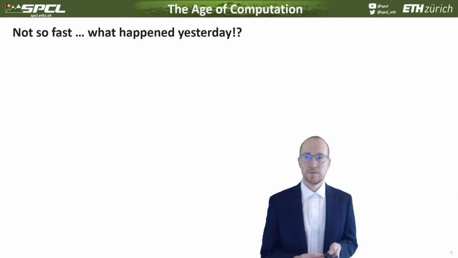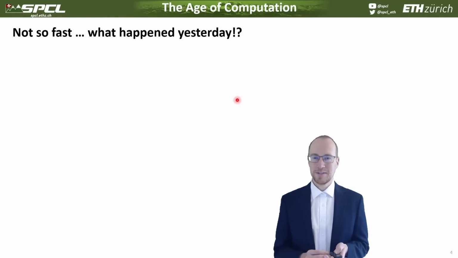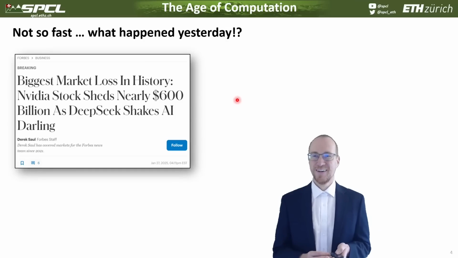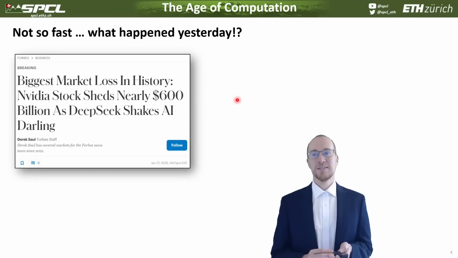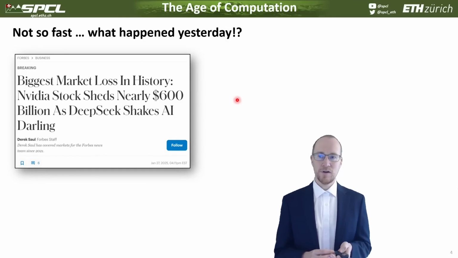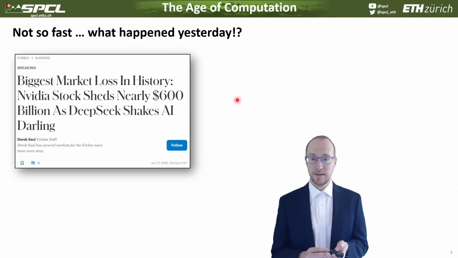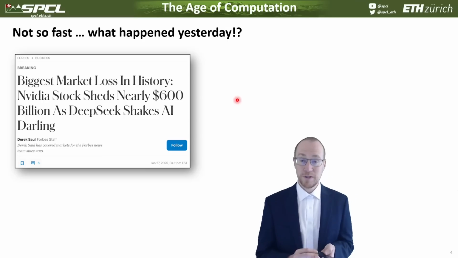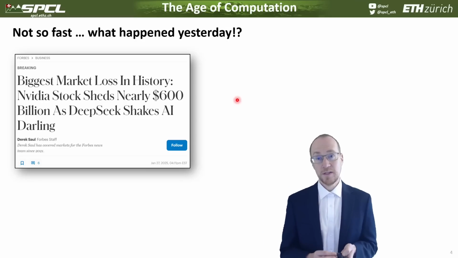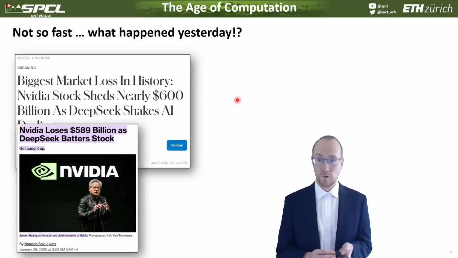Okay, so now if we enter that age of computation, what just happened a couple of days ago? NVIDIA's stock lost nearly $600 billion as essentially people realized that DeepSeek, a Chinese startup, released a model publicly that was performing nearly as well as the large players at a much lower cost.